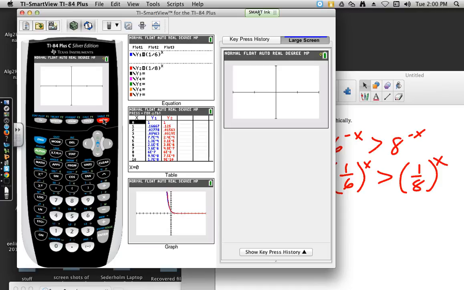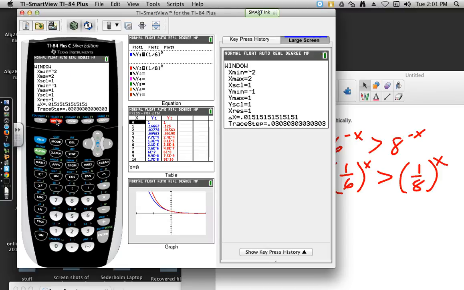So we want to see that blue. And then the red. And we can see right at the top up there that it is at that 0, 1 where those two are meeting. And you might want to change your window just a little bit more so you can see that y max.